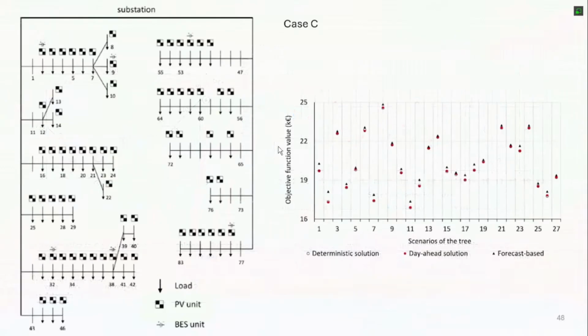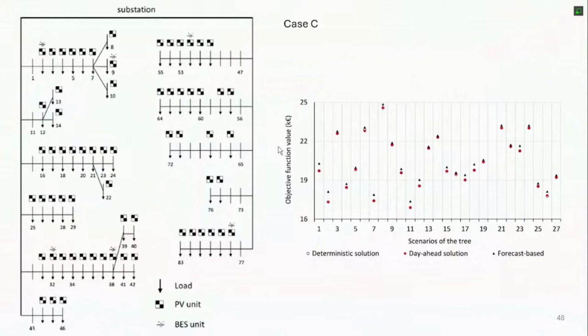And also for a larger case, with 83 buses in this network, we have this effect that with the intraday, we can achieve an improvement, very close to the deterministic solution. And so it is the last slide.